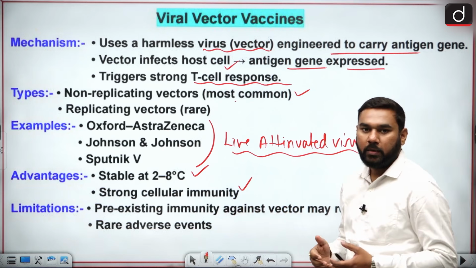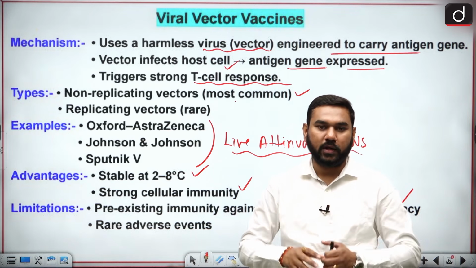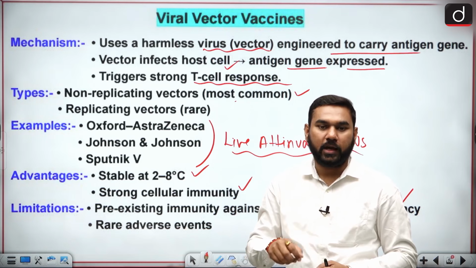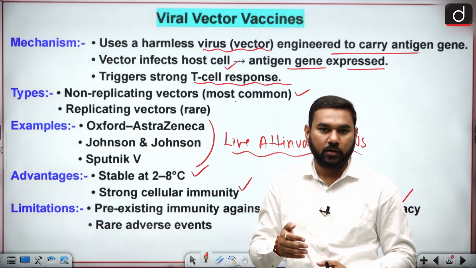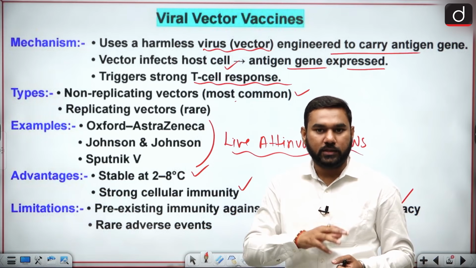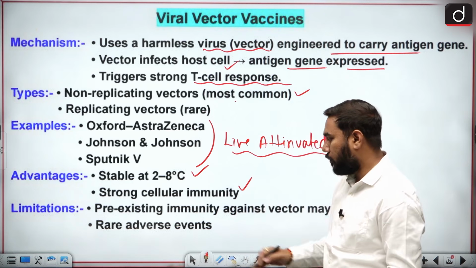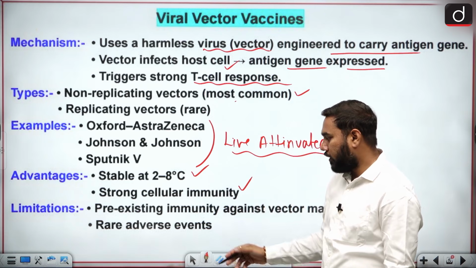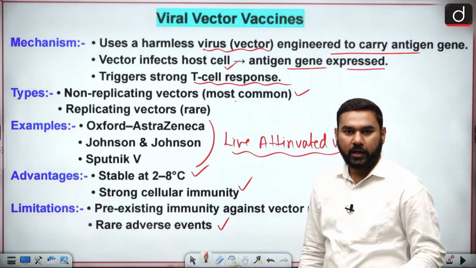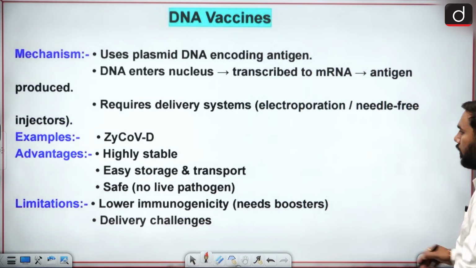Maybe your body can make a different type of antibodies, and those antibodies attack this virus. So again your system cannot be activated in that manner, and maybe less immunity can happen. So partial disease in life can destroy the function of this vaccine. This is the problem with it. And rare adverse events are there. But this is a good vaccine.